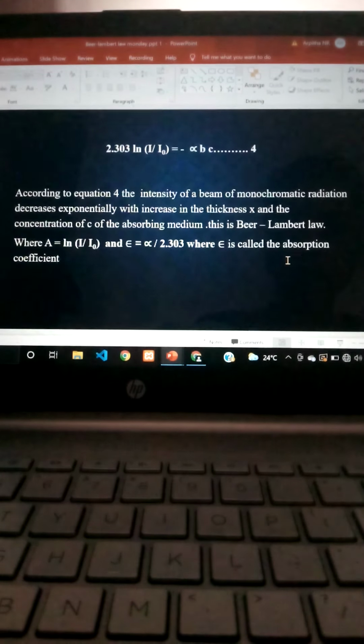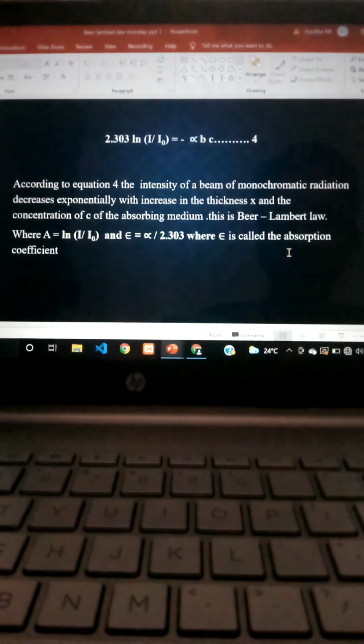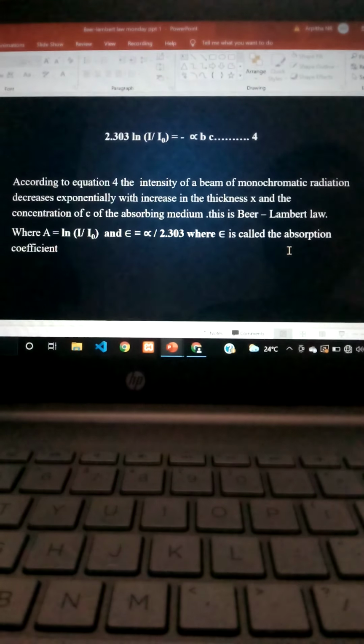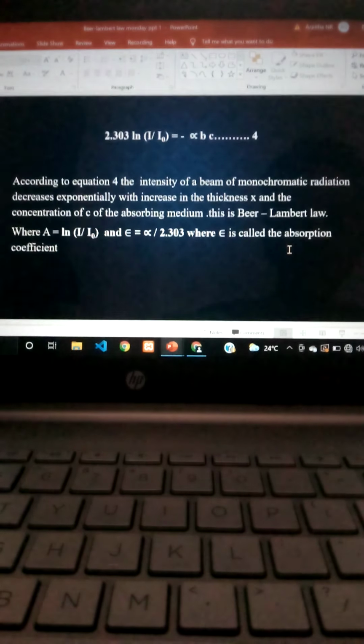So this is the Beer-Lambert's law. Once again I will repeat the statement: the intensity of a beam of monochromatic radiation decreases exponentially with the increase in the thickness and the concentration of the absorbing medium. This is the statement of Beer-Lambert's law.